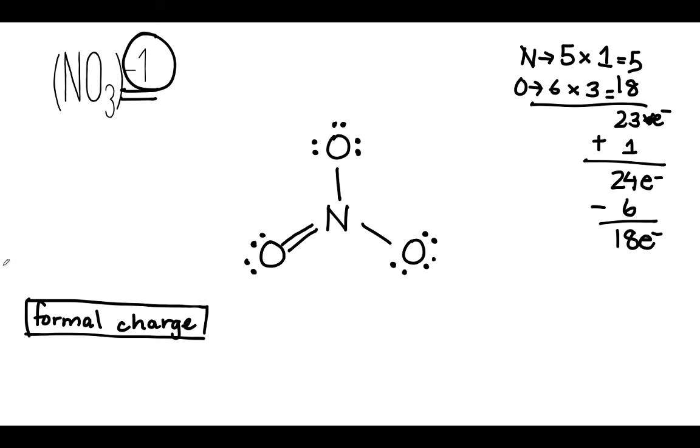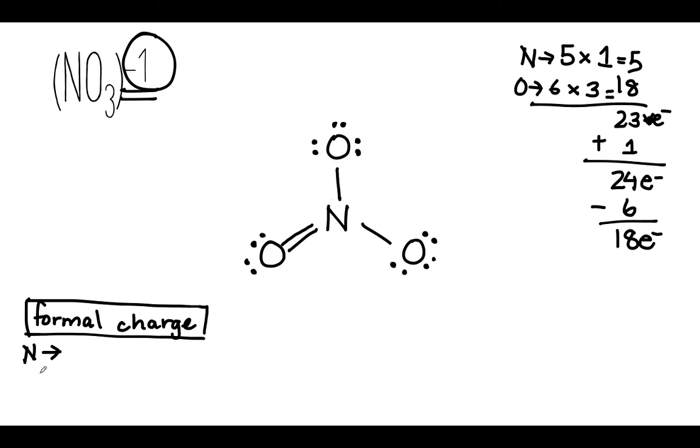So in this case, I've got nitrogen. Let's check the formal charge of nitrogen and then take a look. There are 2 different types of oxygen. One oxygen has 2 lone pairs and 2 bonds, while the other 2 oxygens have 3 lone pairs and 1 bond.